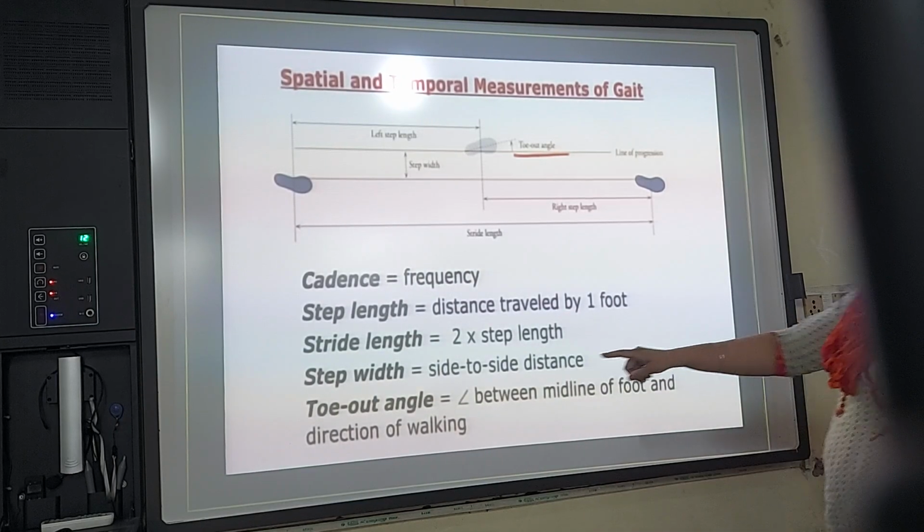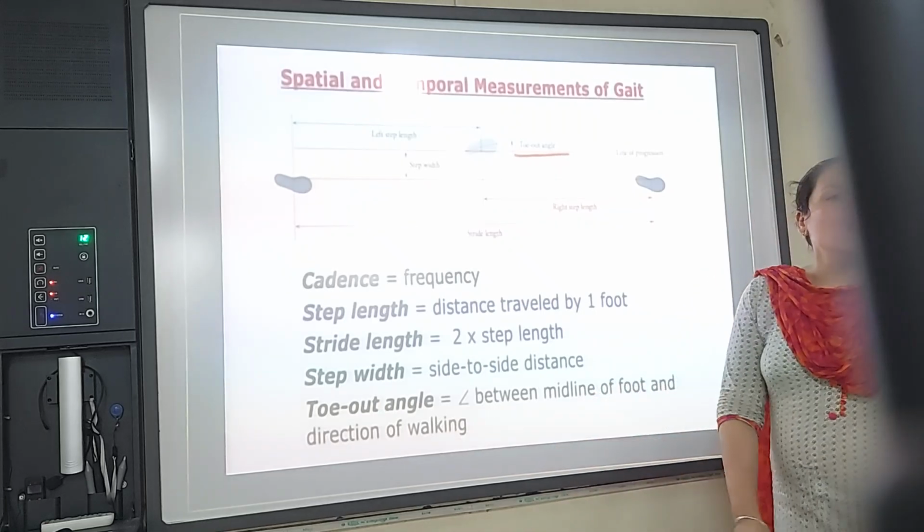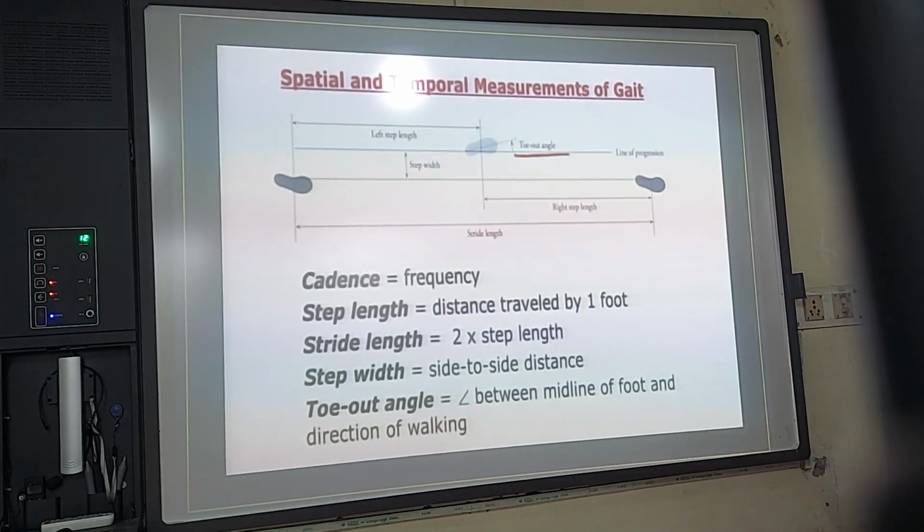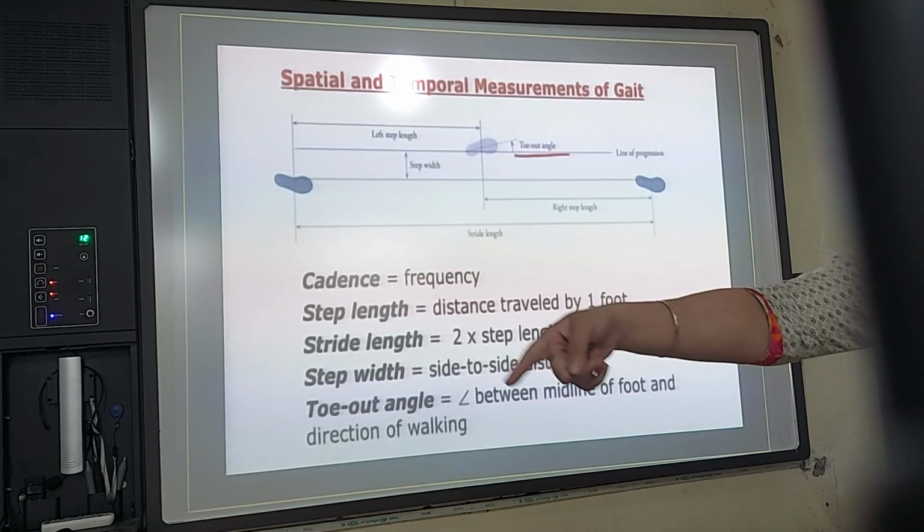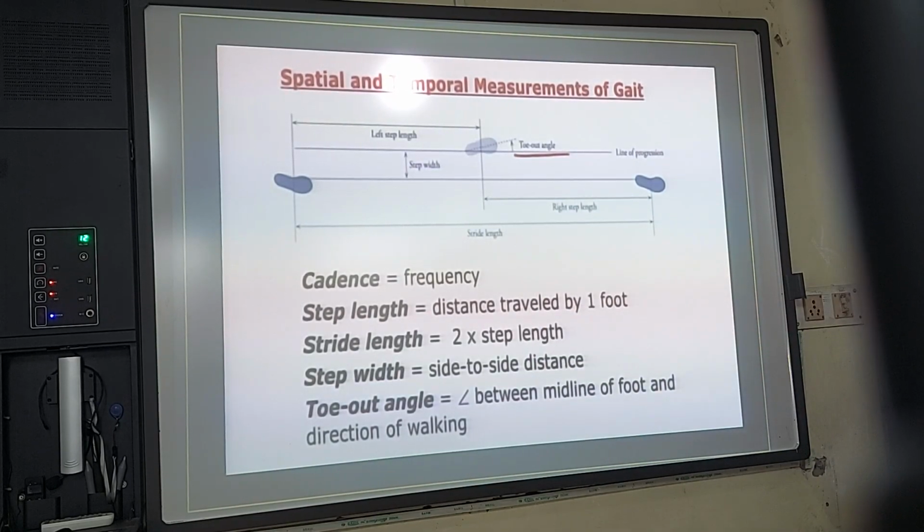And there is another thing here, the toe out angle. You might have read that in ankle and foot, but here toe out angle measurement is when we are walking on a line. There is a line of progression on which we walk. If we take that as the line of progression and then make a line from the heel to the second metatarsal, we place a longitudinal line from the heel of the foot to the second metatarsal, and an angle is made from the line of progression.